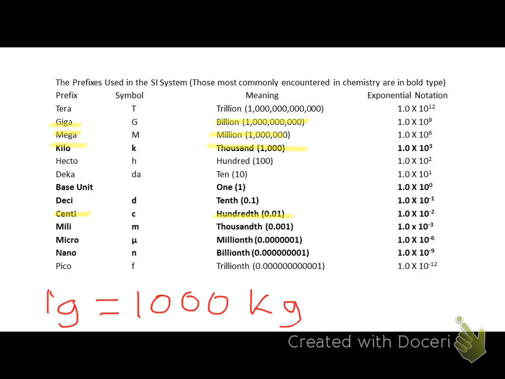Let me erase all these, and I will highlight real quick the bolded ones: the kilo, of course the base unit, the deci, the centi, the milli, the micro, and the nano. These are what we use quite a bit in chemistry.